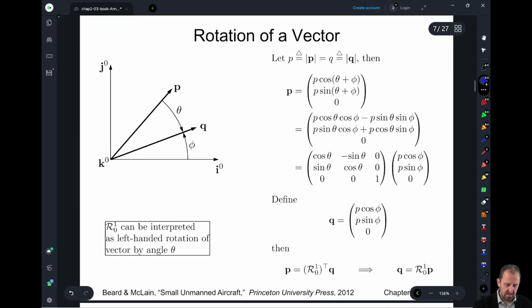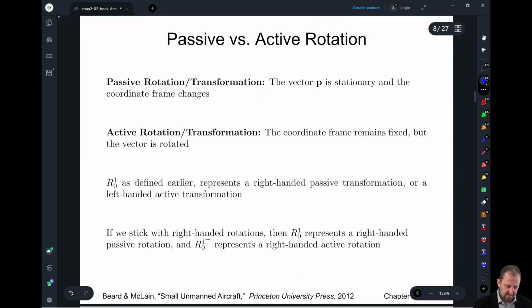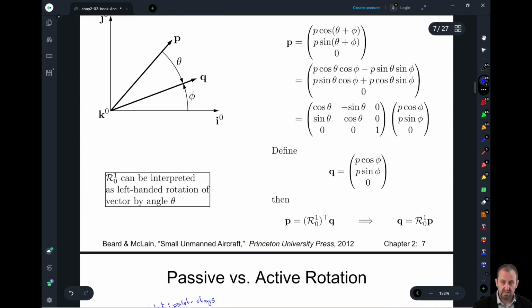Okay, now let's talk about rotation of a vector. When we talk about passive rotation, this is of a point. So we're keeping the point in place. The point stays. Now, for an active rotation, we're just going to rotate the vector around, or we could consider it as rotating the point around.